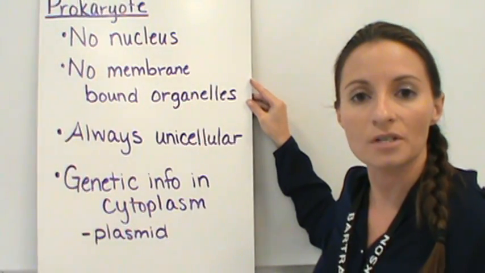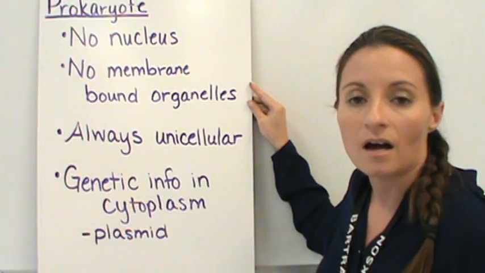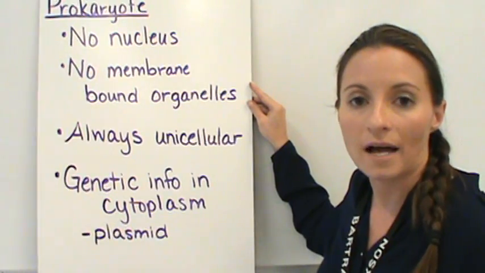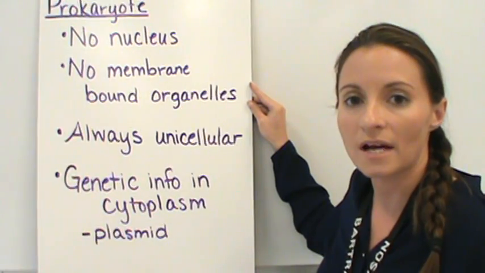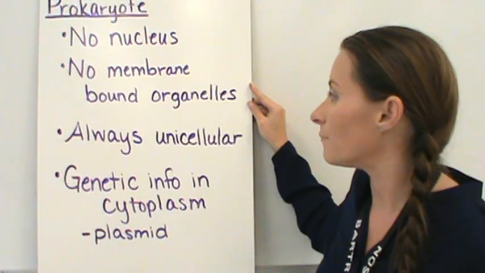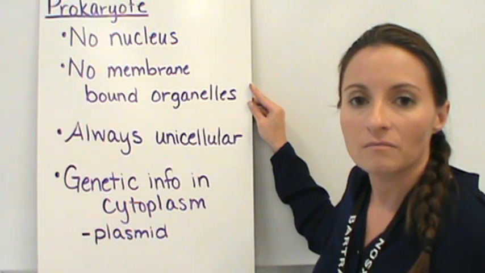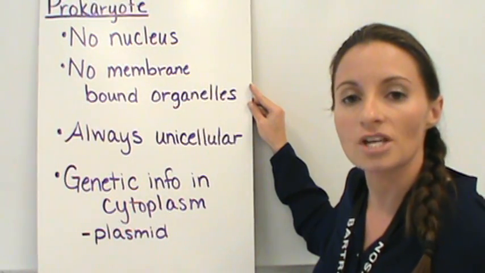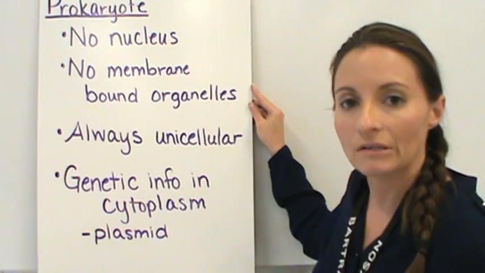Membrane-bound organelles, which we're going to talk about a little bit later, would be mitochondria, chloroplast. Some of them might have small chloroplast-like structures, but not exactly. They also don't have endoplasmic reticulum, Golgi apparatus, anything that has a membrane around it, a prokaryote is not going to have.